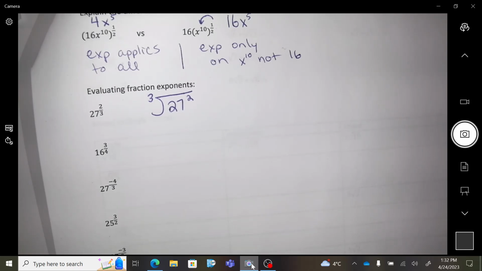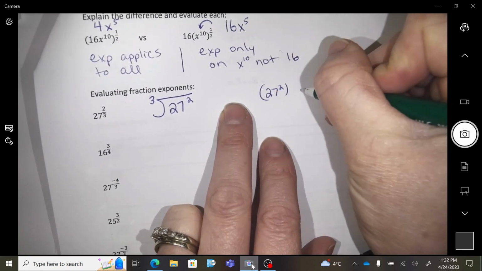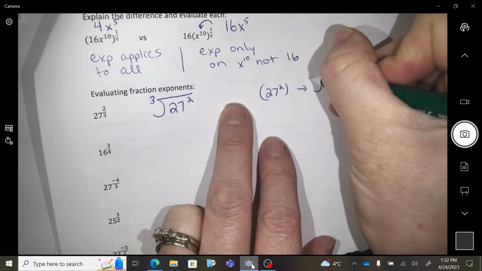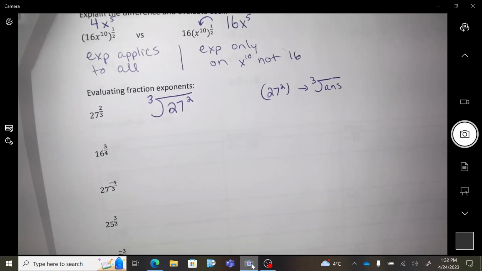Here's the first thing you could do. You could do 27 squared and then cube root that value. See how I'm squaring something and then I'm cube rooting it.